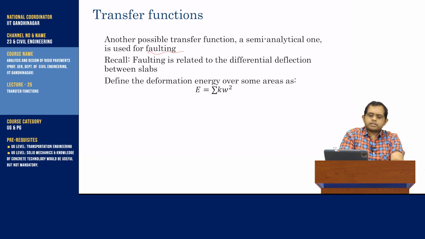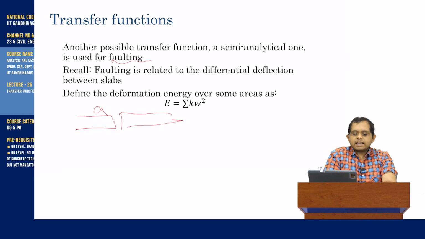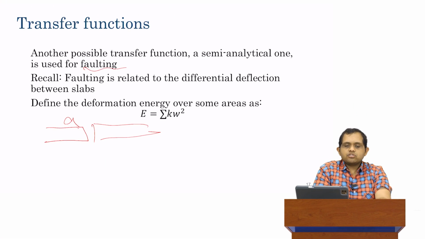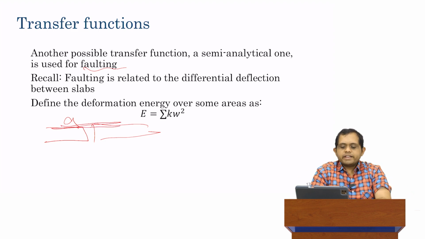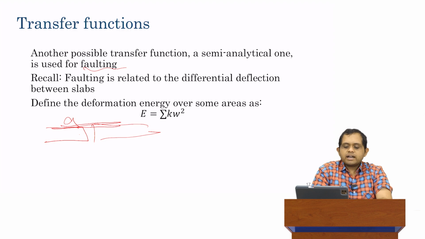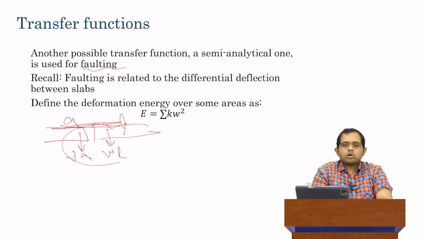Let's recall what faulting is. Again, I have an approach slab and a leave slab. My idea is that when there is no load, these two should be at exactly the same height. When there is a load, obviously I'm going to have some amount of deflection: the approach slab is going to deflect by some WA, and the leave slab is going to deflect by some WS. This is the leave slab. The concept of faulting is that over time, this deflection is no longer elastic.